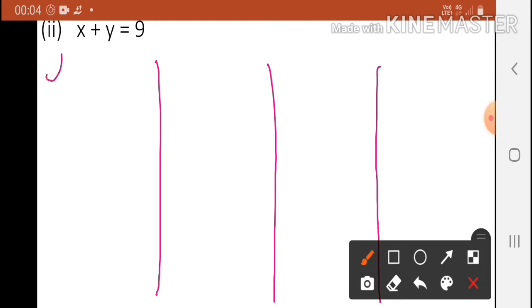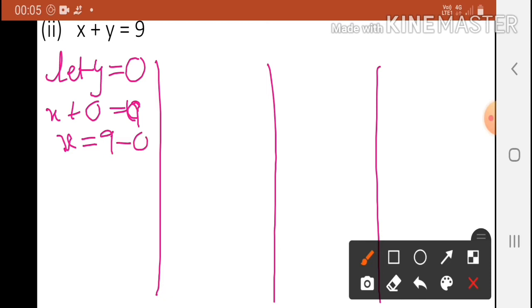In this I am going to let the value of y, we'll start with 0. y equals 0, and then x plus 0 equals 9, and then x will be 9 minus 0, so x is 9. So your first solution is (9, 0).